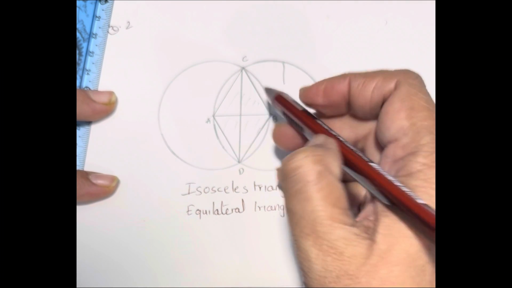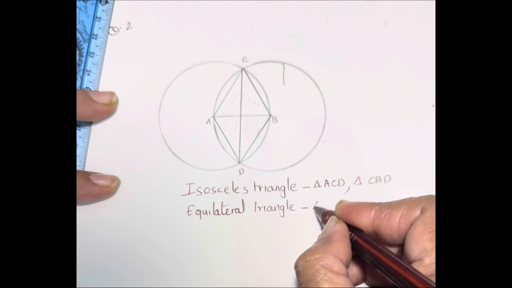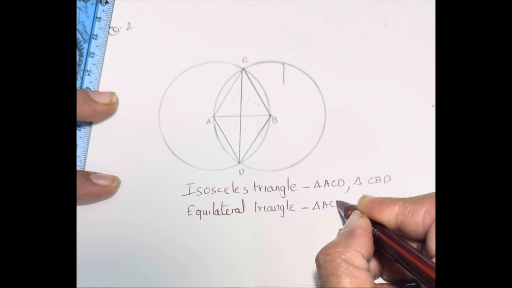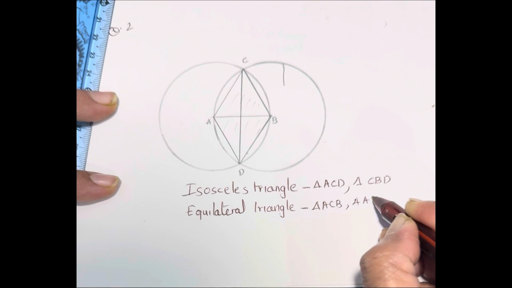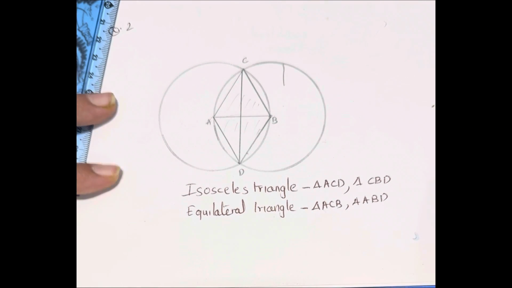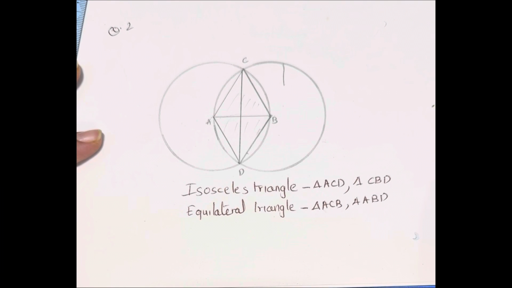They are these two, triangle ACB and the one which is below, triangle ABD. So two equilateral triangles and two isosceles triangles are formed. This is the first part of question number 2, where two circles are given.